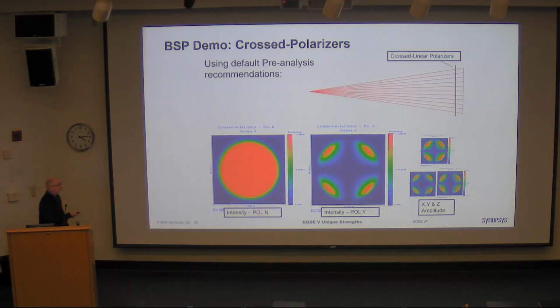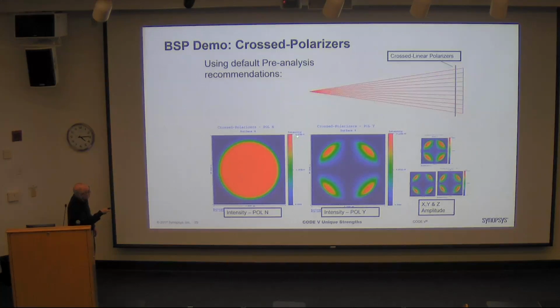We can do polarization studies. Here we have a diverging beam through cross polarizers. This is without polarization ray tracing turned on, so we see no effect. We turn on the polarization ray tracing, and you get the characteristic Maltese cross effect, because of the angle that the electric field vectors for this diverging beam make with the cross polarizer transmission axes, which allows a little bit of bleed through.